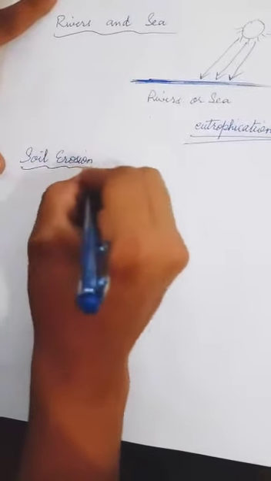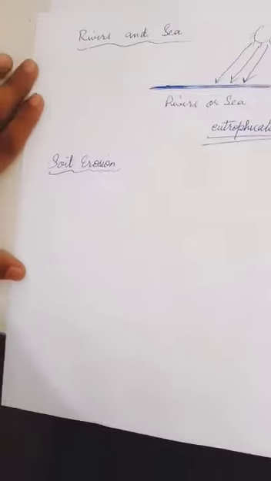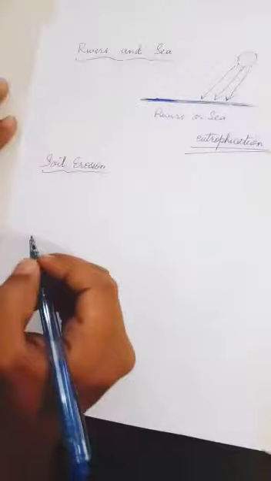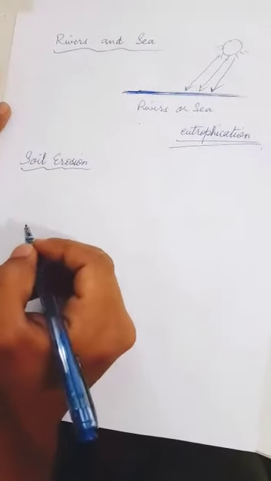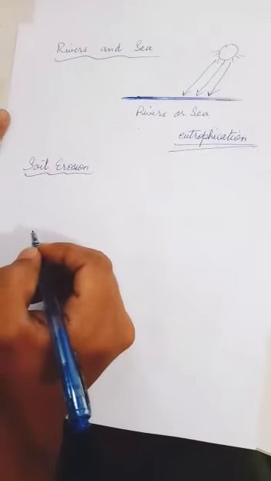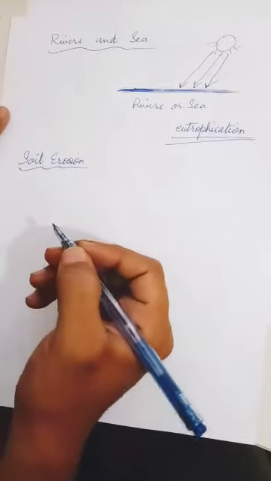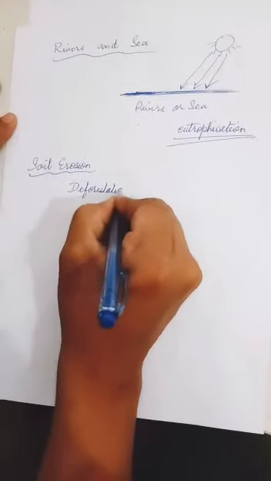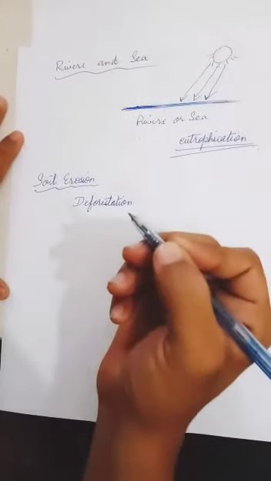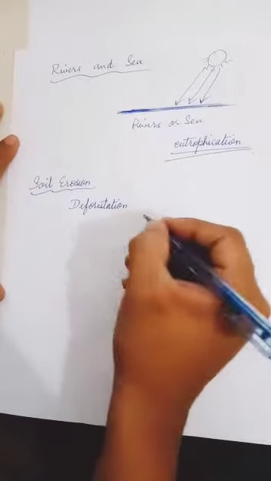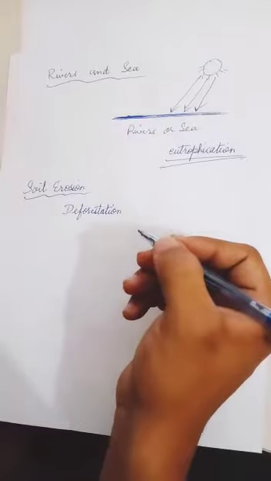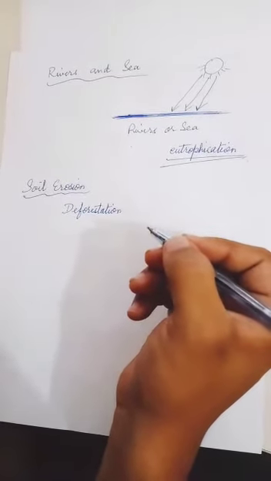Now we are going to discuss soil erosion, and how it affects the water. As you know, because of deforestation, the soil that was previously held together by roots enters into the river and pollutes the water.